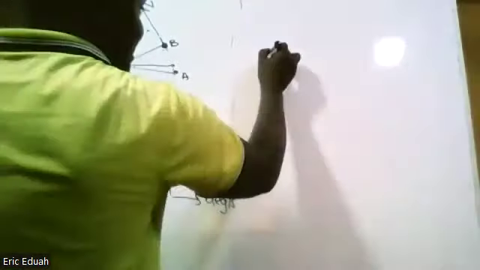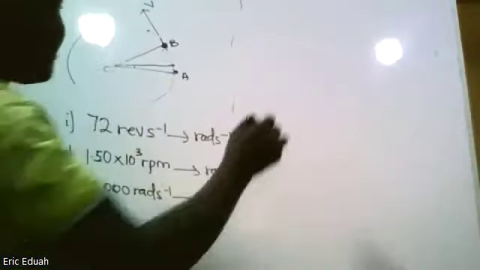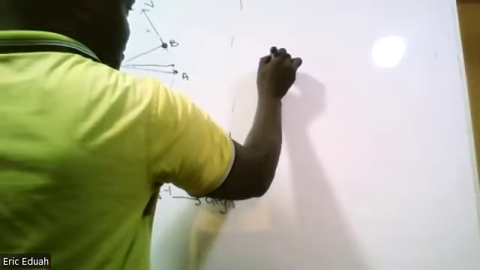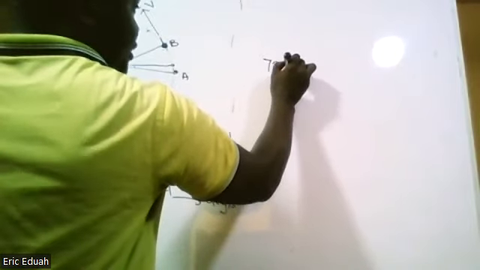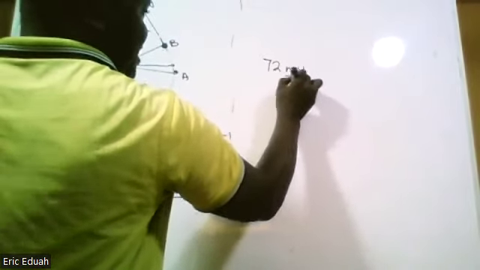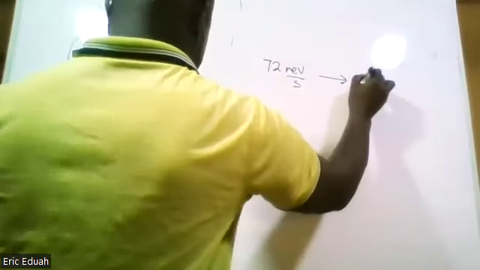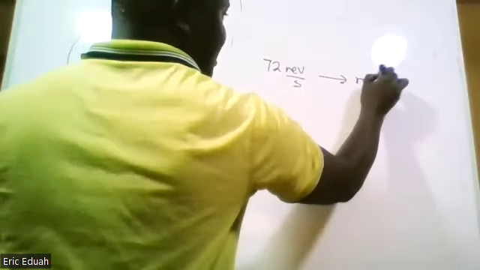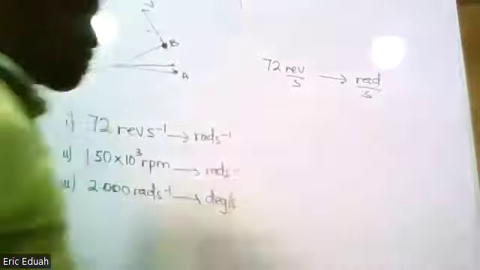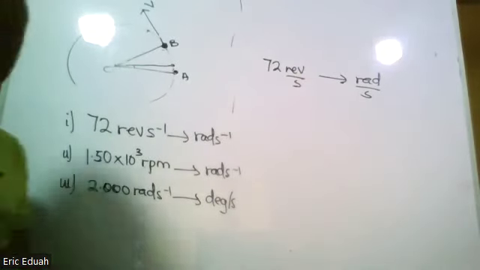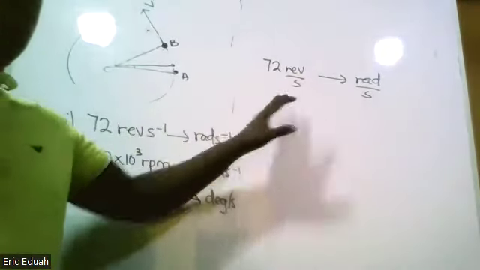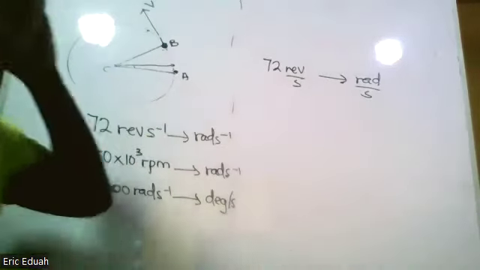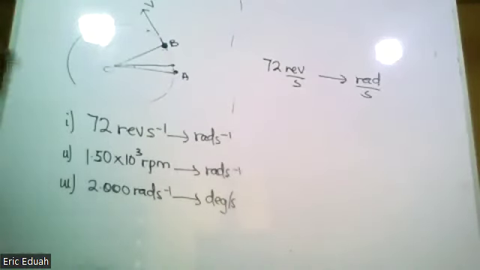So we have 72 rev per second to be converted to radian per second. Since the numerator is already in SI units, you don't worry yourself. I said numerator, denominator.